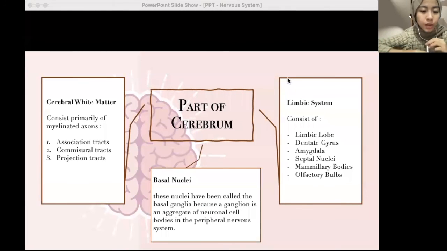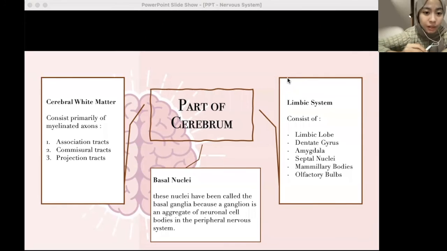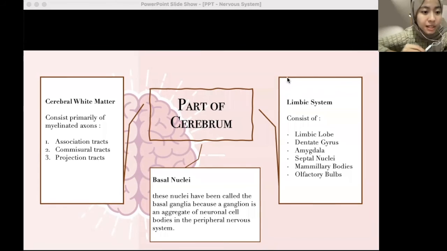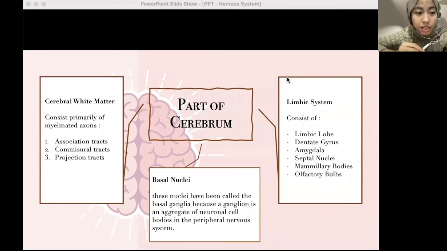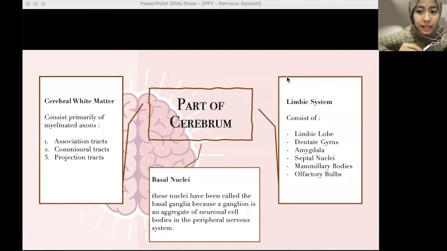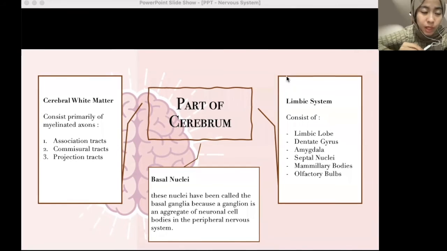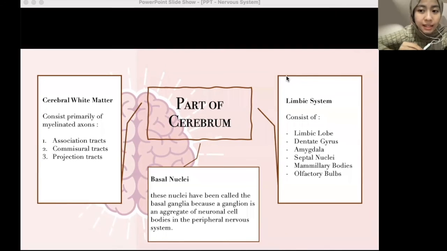So we are on the last slide. Another part of the cerebrum, the third, is cerebral white matter that consists of myelinated axons. The first one is association tracts that contain axons that conduct nerve impulses between gyri in the same hemisphere.